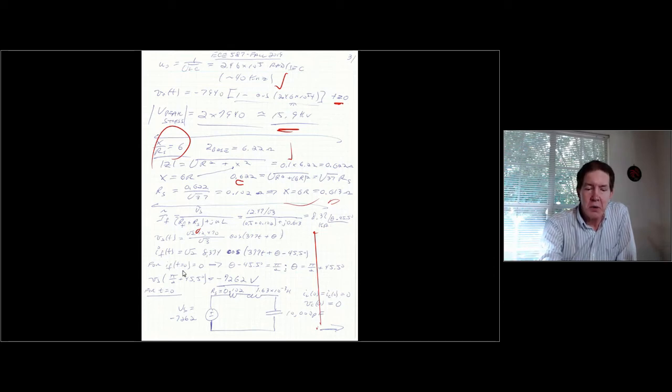We look at where the zero crossing occurs. Well, that's going to correspond to a different value of theta. This time theta is equal to pi over 2 plus 45.5 degrees. And then the source voltage at this time is going to be minus 7.262 kV.